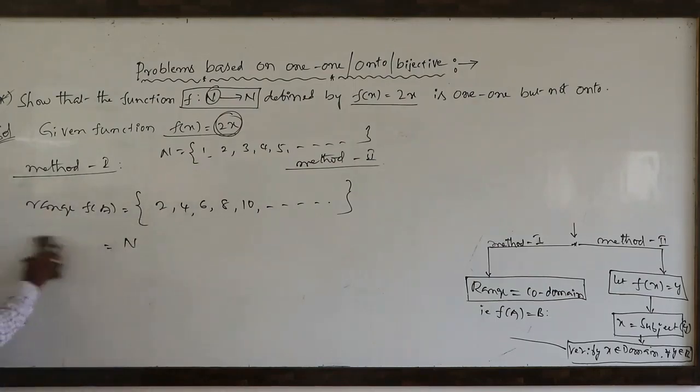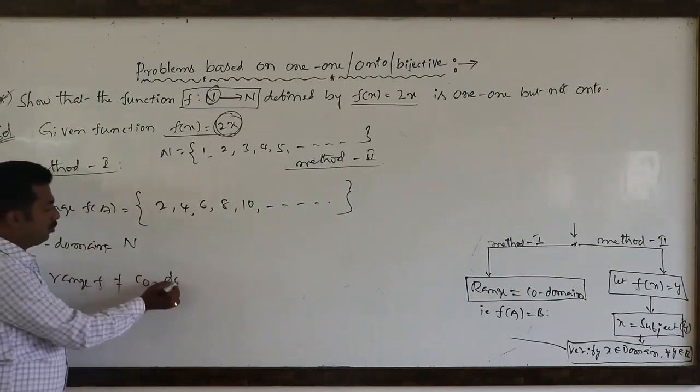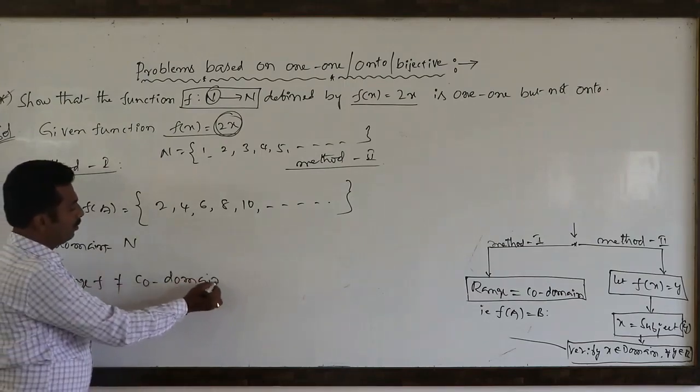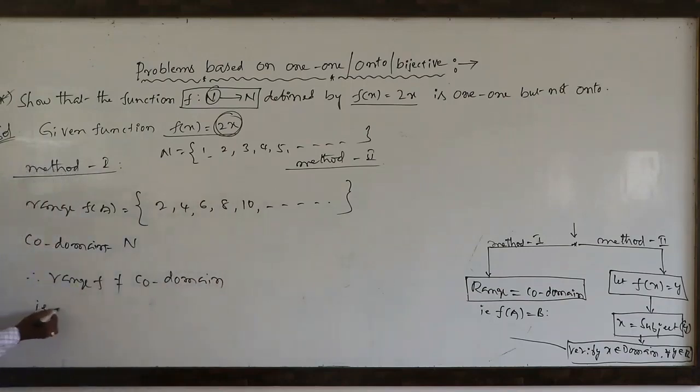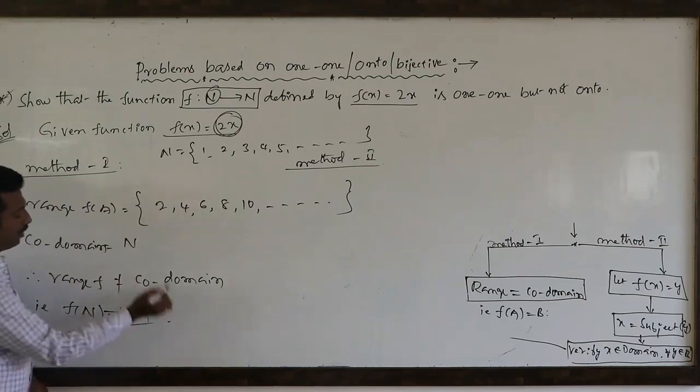The codomain is nothing but natural numbers. The range is nothing but this type of even numbers. Therefore, the range of the function is not equal to the codomain. That is, f of N, the range, is not equal to the codomain.